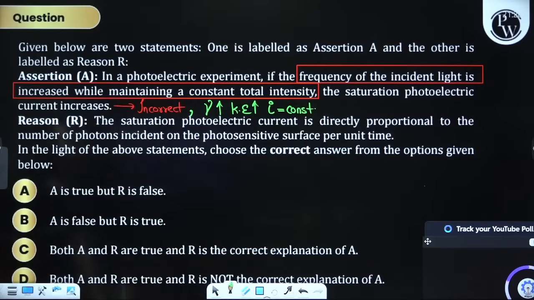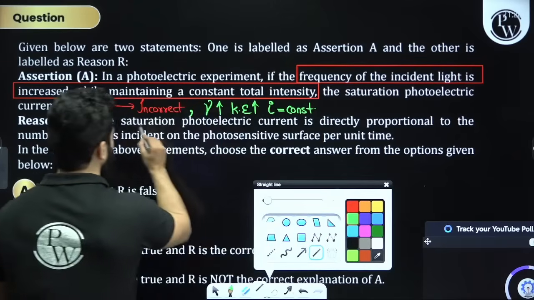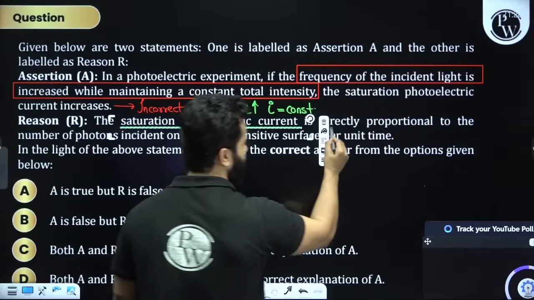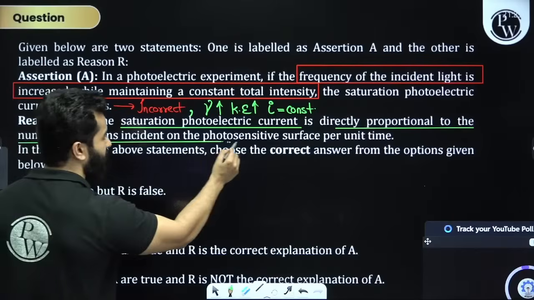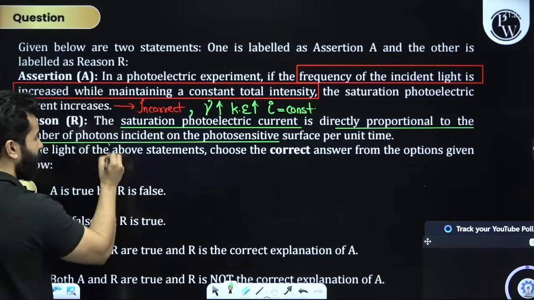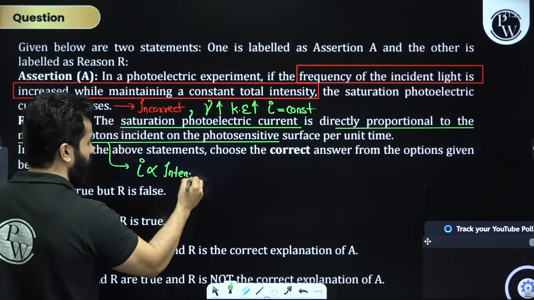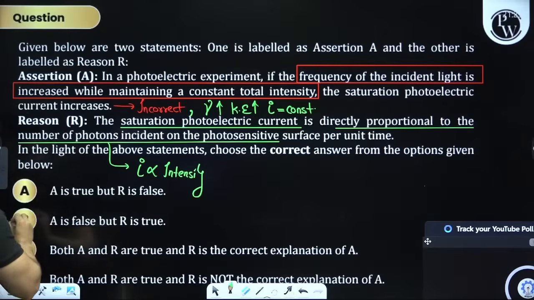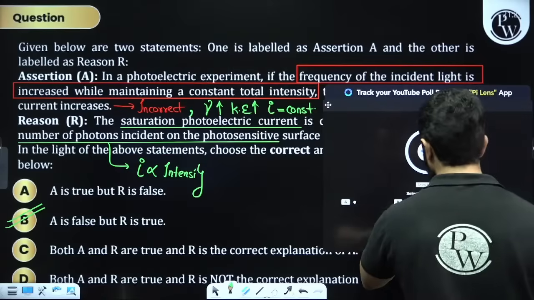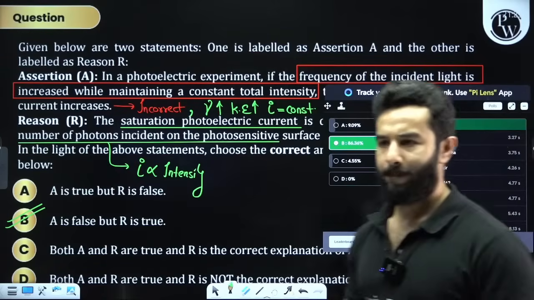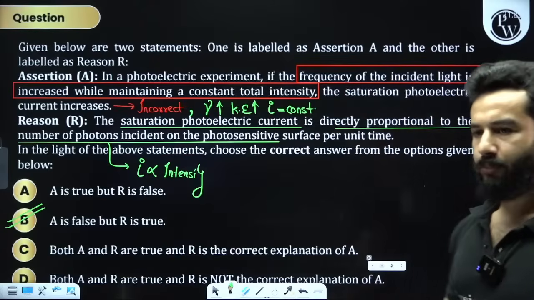Then they are saying that the saturation photoelectric current is directly proportional to the number of photons incident on the photosensitive material. This means that current is directly proportional to intensity. That's absolutely fine, so the second statement is correct. That means the reason is true but the assertion is false. So B is the answer. This one was pretty easy, right?